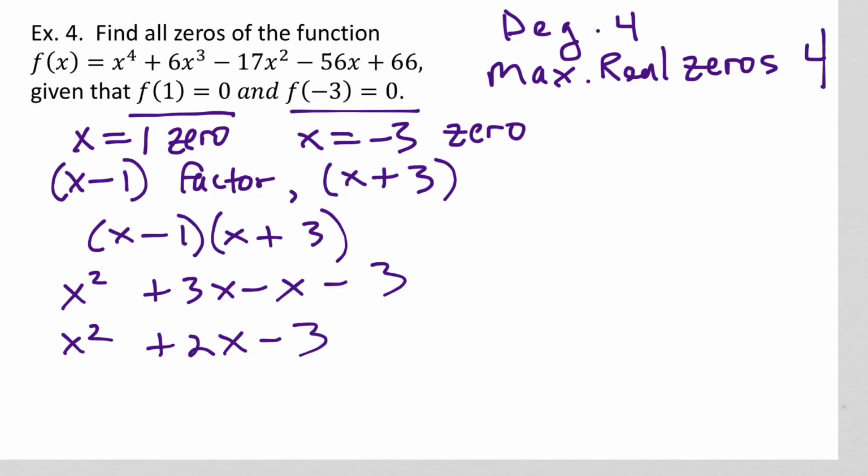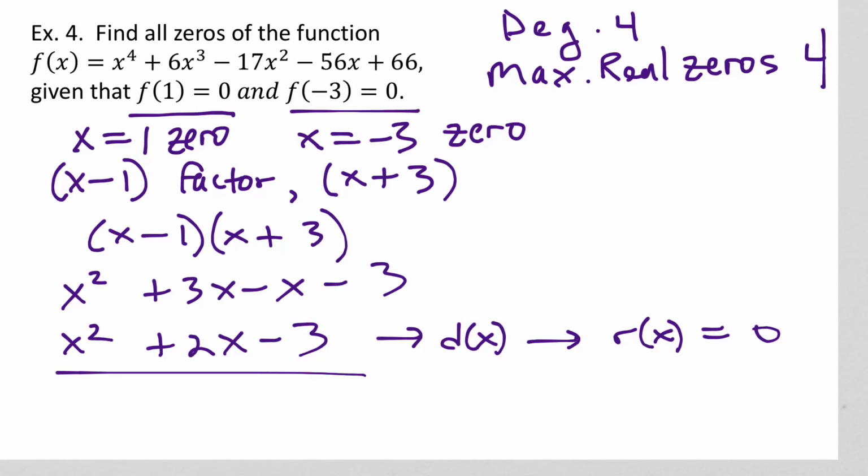So I've got it in polynomial form. And what I do know is if I divide by this, which would be my d of x, I should end up with an r of x equal to 0 because this is a factor. It should divide evenly into f of x and leave you with a remainder of 0. So we've seen that several times. So let's try that.